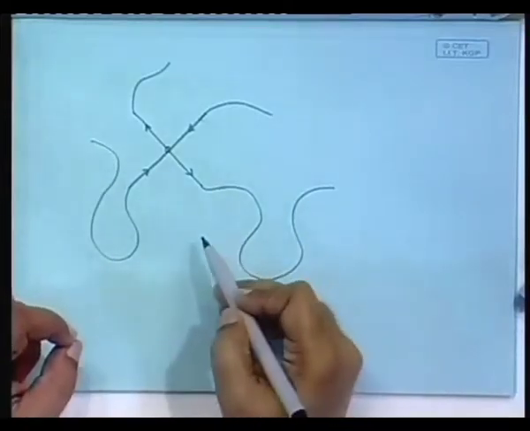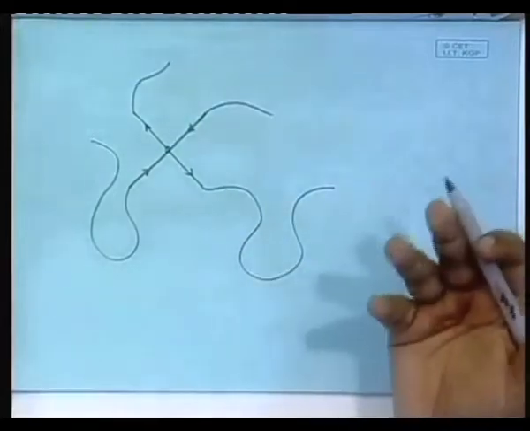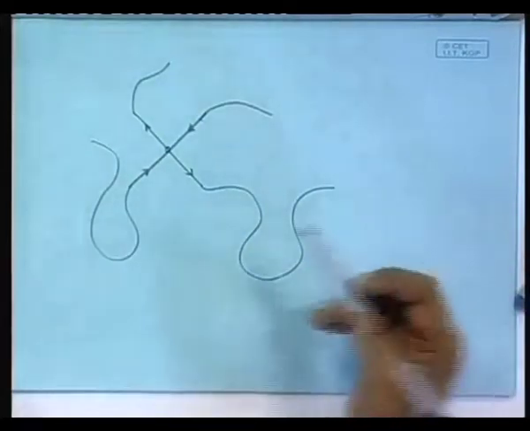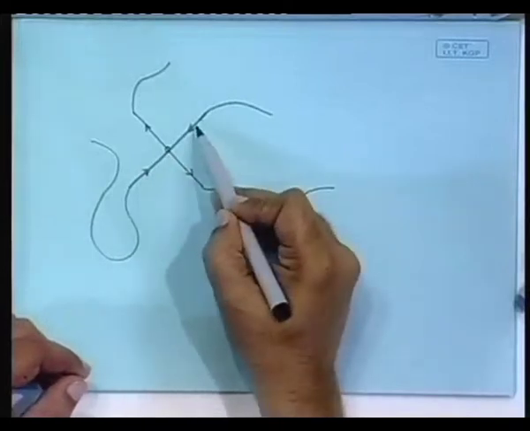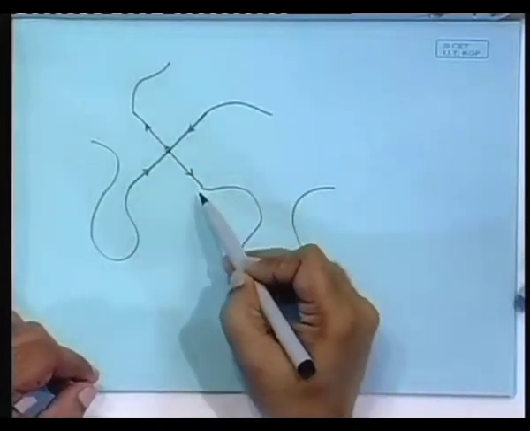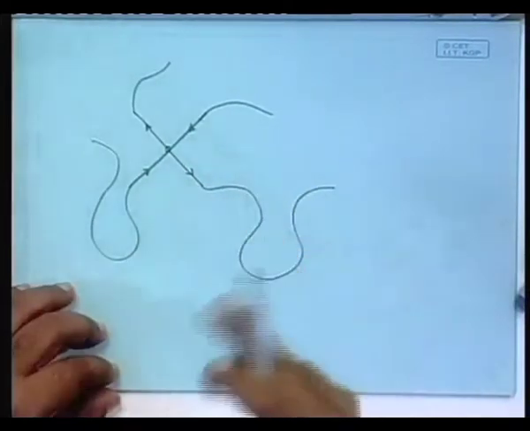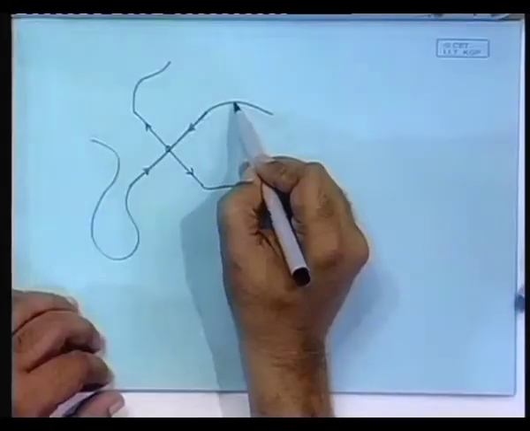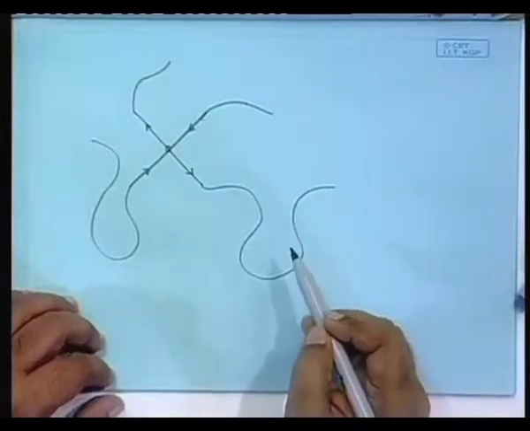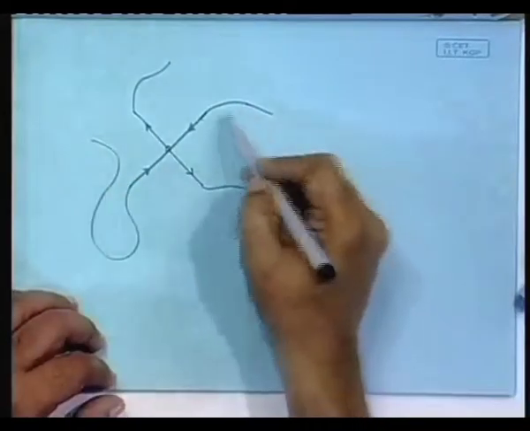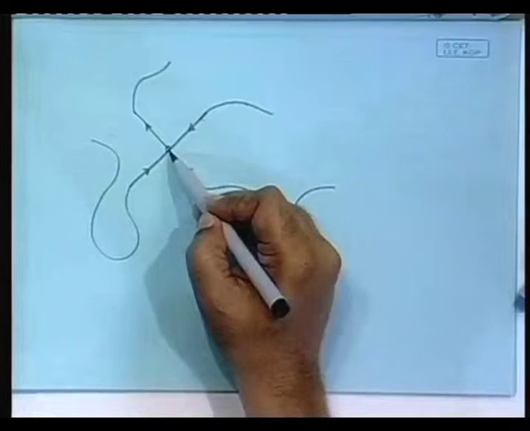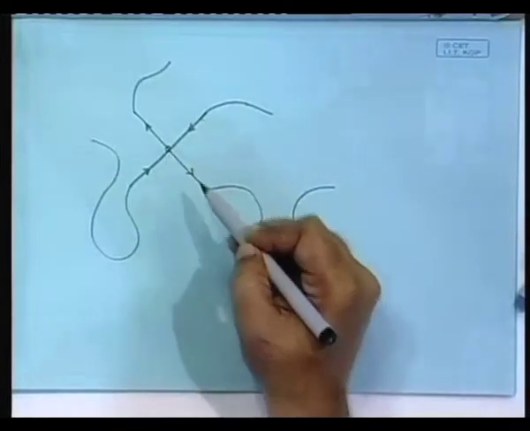These were the stable manifold and the unstable manifold. So, this one would be called the stable manifold and this one would be called the unstable manifold. In other words, what is the definition of a stable manifold? That if you take a point on the stable manifold and in further iterates it approaches the fixed point, then you would call it a stable manifold. And what is the unstable manifold?